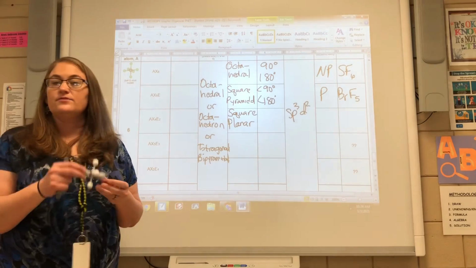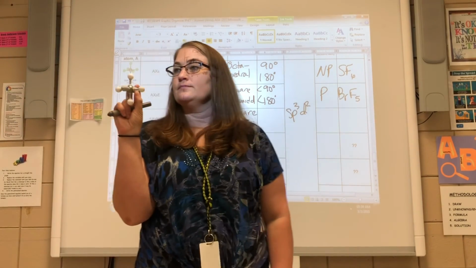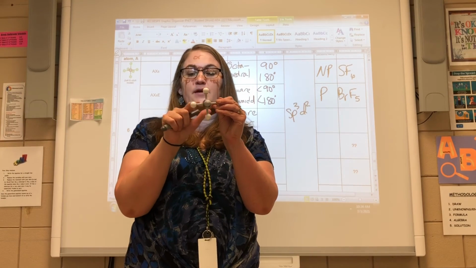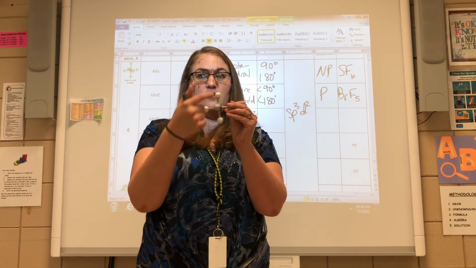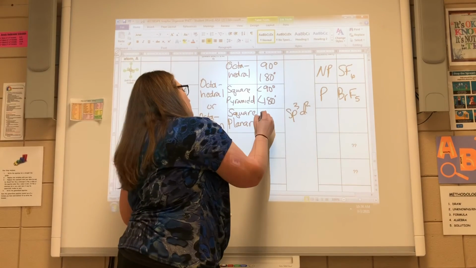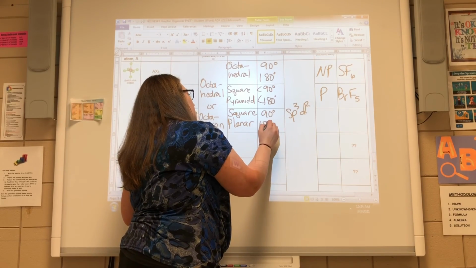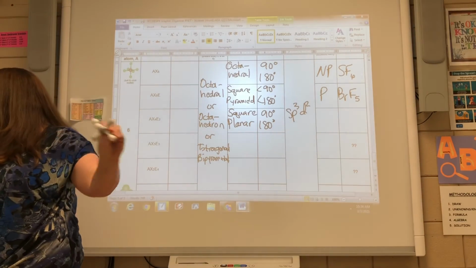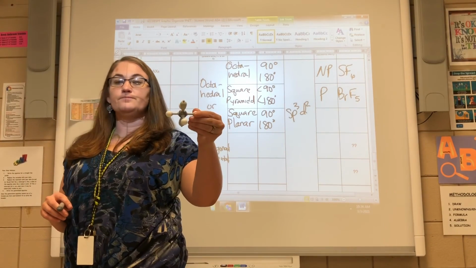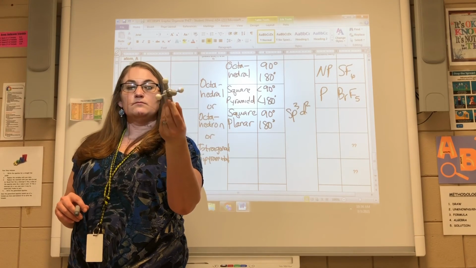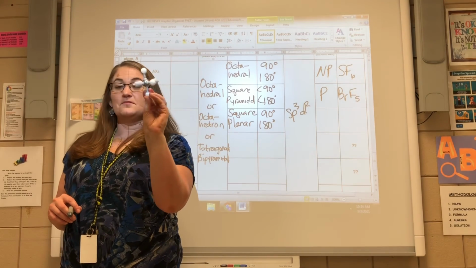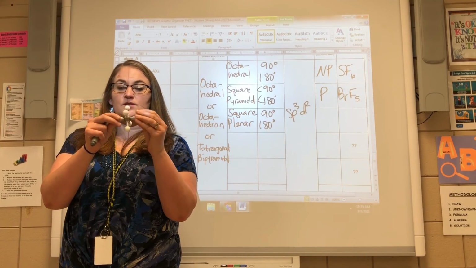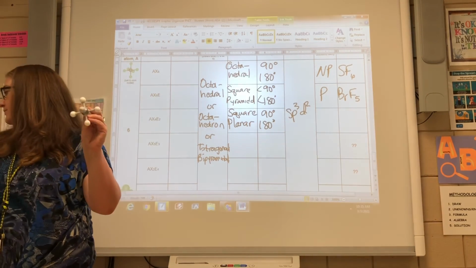What are my angles here? You got 90 degrees right here, and then you got straight across 180. So 90 degrees and 180 degrees. Would you say that this is polar or non-polar? This one is non-polar.